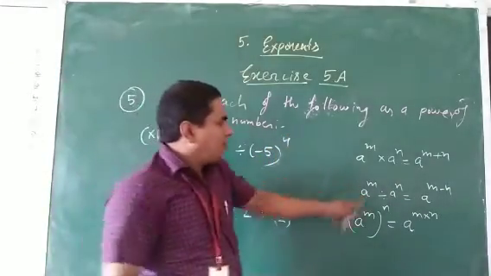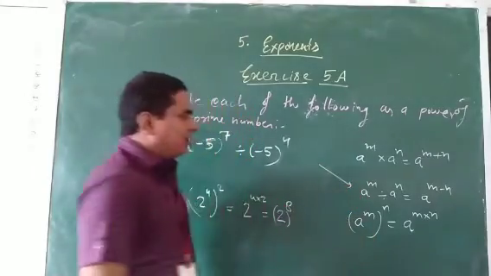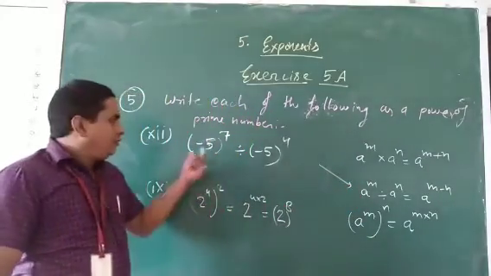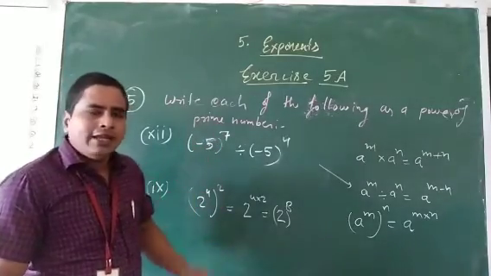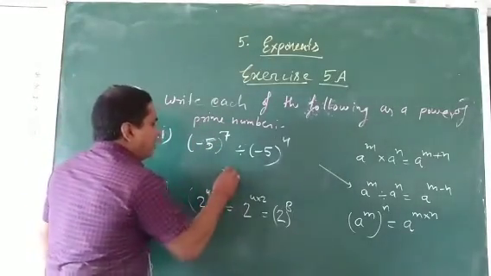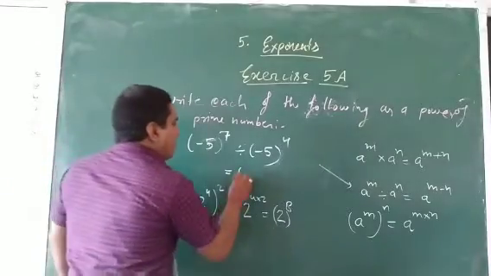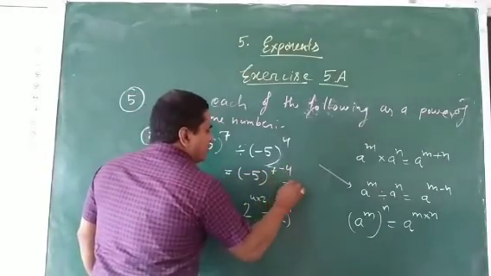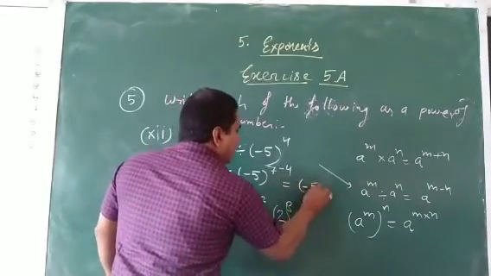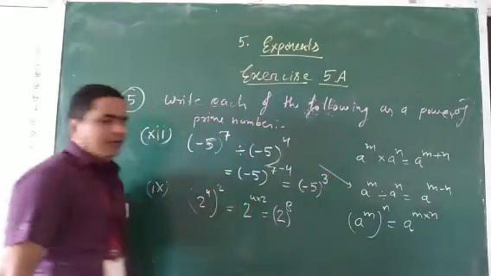So use this rule. This rule you use if two exponents have same base, different power, and they are dividing, then in the result their power will be subtracted. So minus 5 to the power 7 minus 4. So here we will get minus 5 to the power 3.